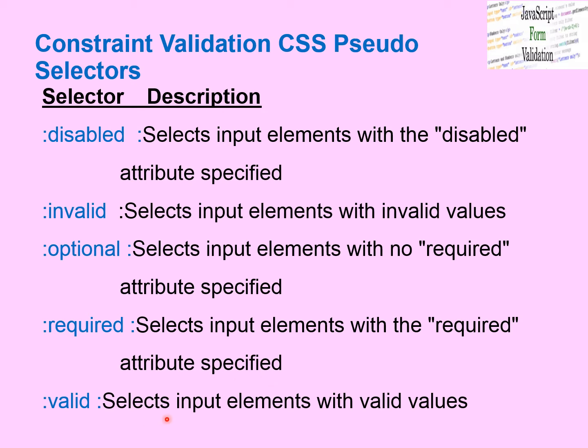Valid selects input elements with valid values. We can also specify this type of validation in the CSS section, using the disabled, invalid, optional, required and valid selectors. Here optional and required are just the opposite of each other.